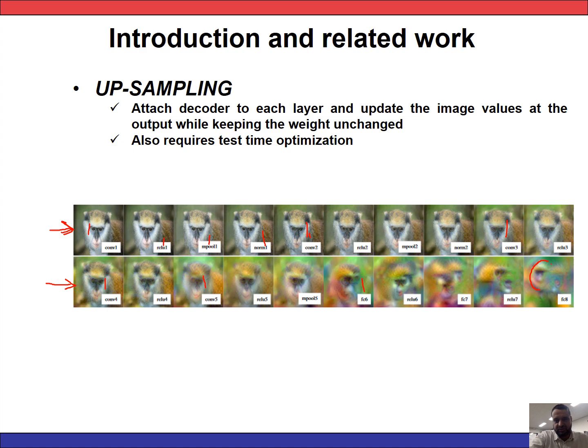The previous ones were convolution layers. Here we can see that the convolution layer output is somewhat more similar to the input image, but as we go to the fully connected layer, it becomes a mixture of many objects. This is the sixth layer, seventh layer, and the eighth layer, and the eighth layer is a mixture of different objects. So this is how they analyze or interpret the neural network.